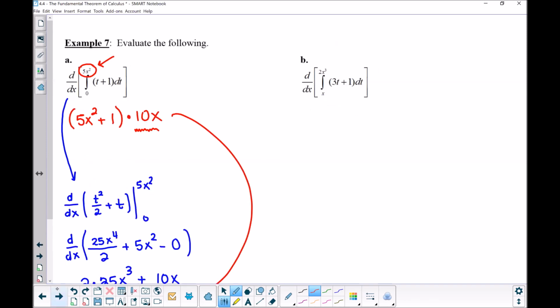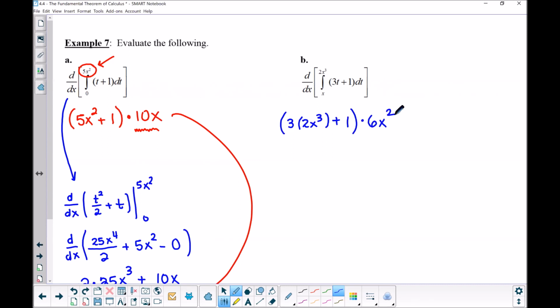So to do part B, I've got 2 things working here. The first one is, okay, the upper boundary is more than just an x, right? So we would have to replace all of the t's with 2x cubed. Okay, did that, but we learned our lesson in that all of this would have to be multiplied by the derivative, or 6x squared.